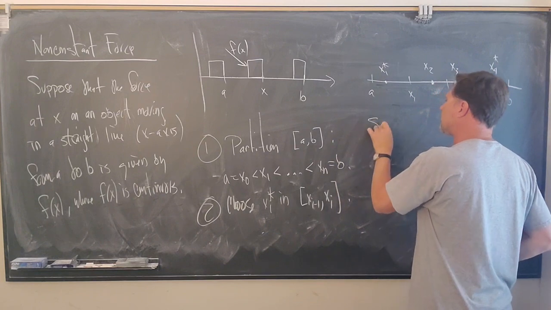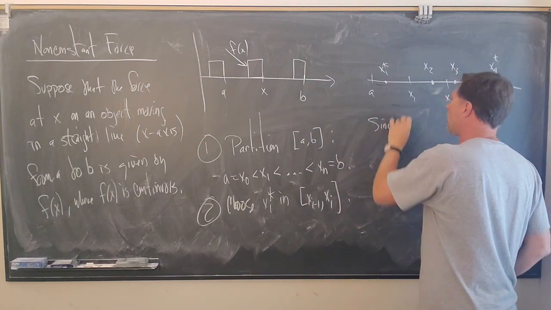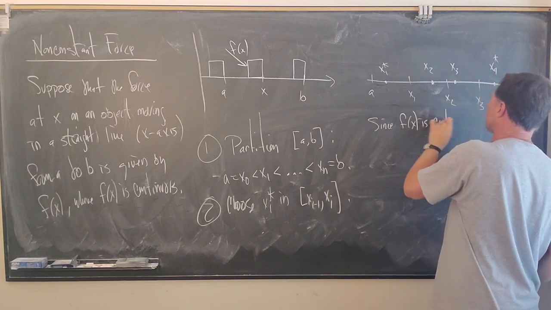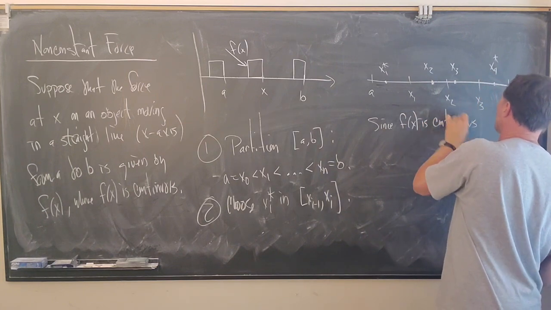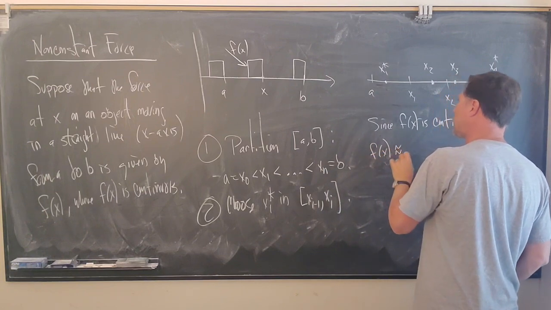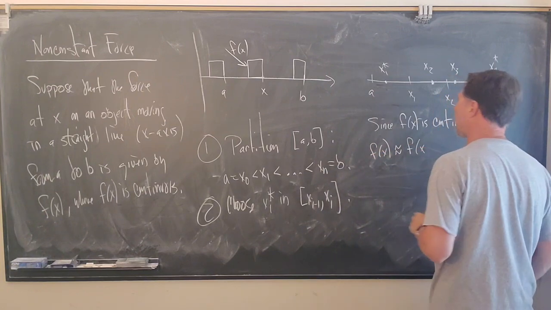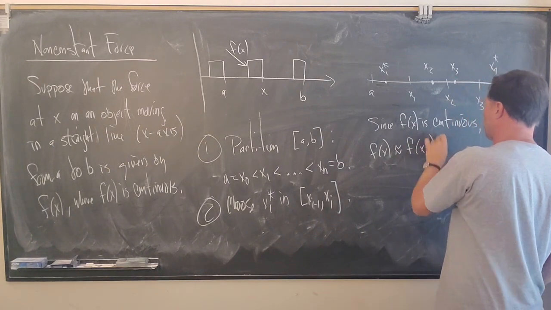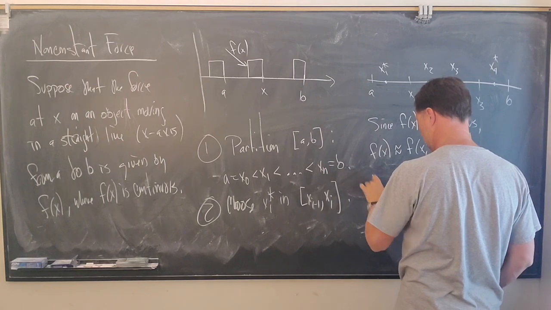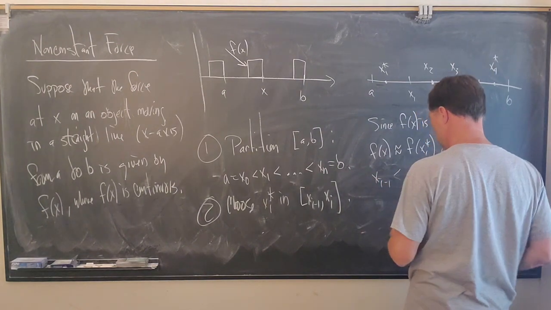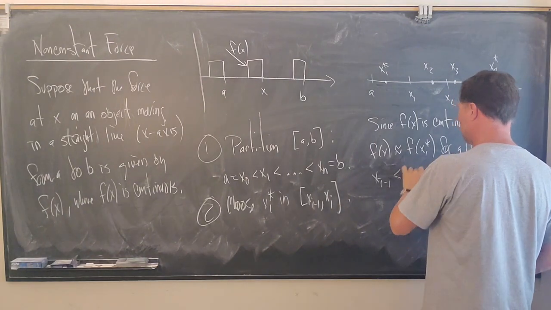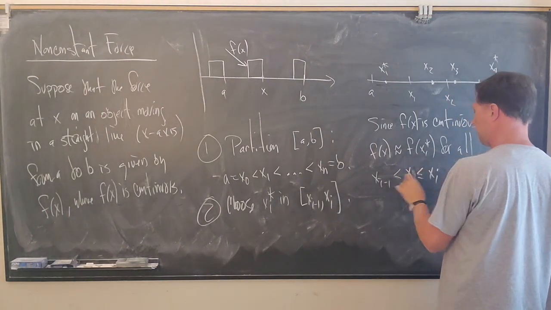Since f of x is continuous, what we know is that f of x is approximately equal to f of x_i star for all x between x sub i minus 1 and x sub i.